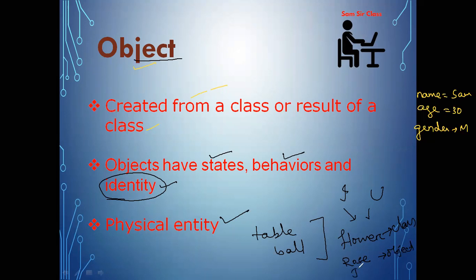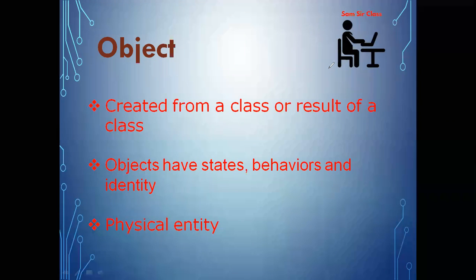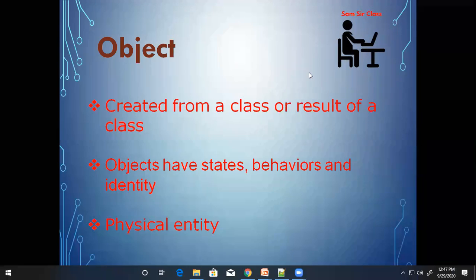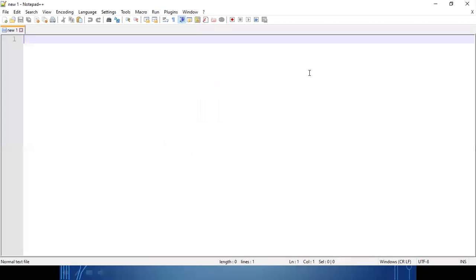If I take the example of jasmine, it's an object, because they are physically existing and following all the properties of the flower class. So this is the real-time example of the concept behind class and object. Now let's see programmatically how this class and object will be defined.